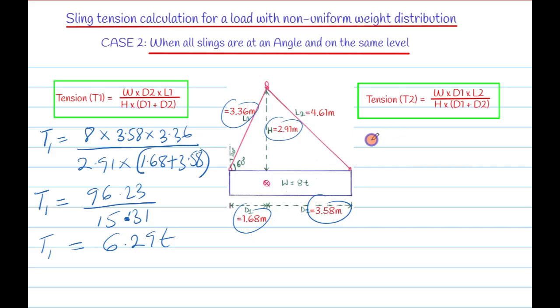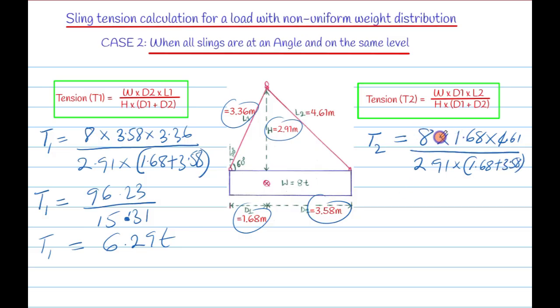Now we will do the same for leg 2. T2 will be 8, which is the weight we are lifting, times D1, which is 1.68, times L2, which is 4.61, all divided by the height, which is 2.91 times, bracket open, 1.68 plus 3.58.